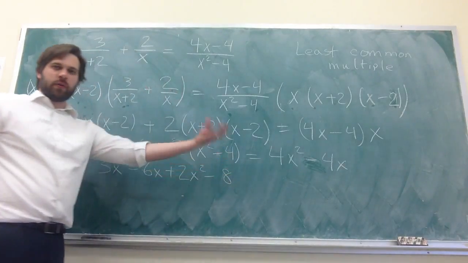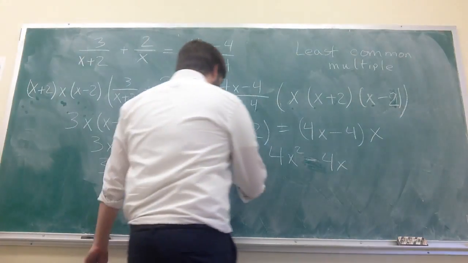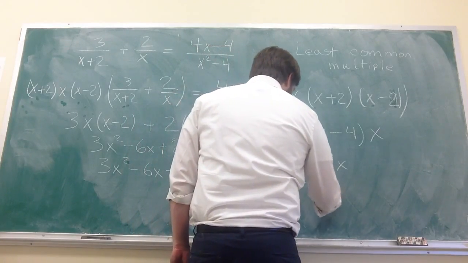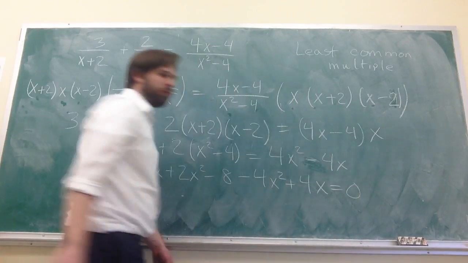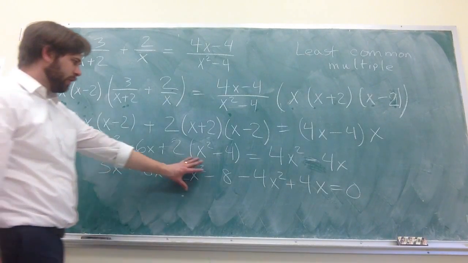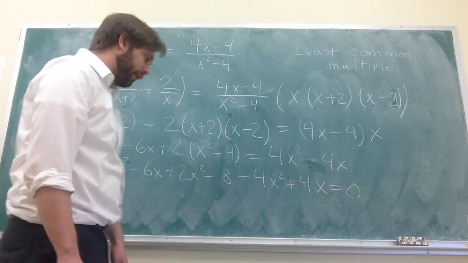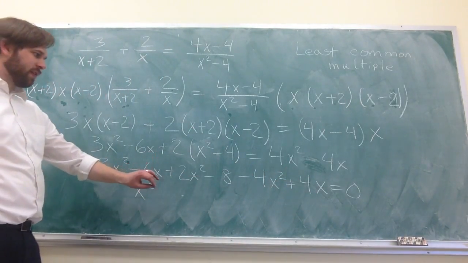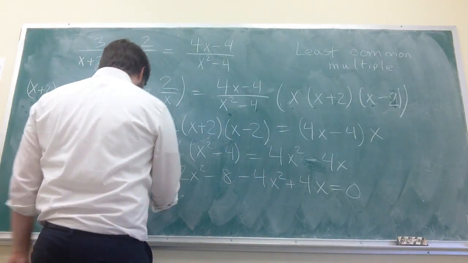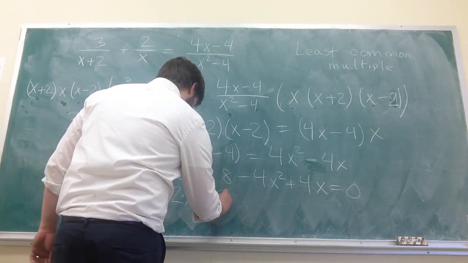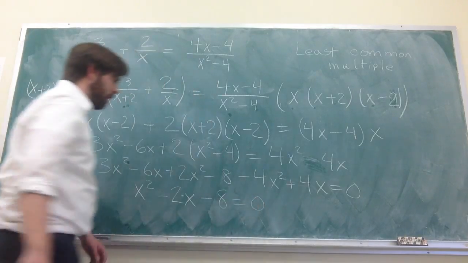And since it's quadratic, we want to get everything over to one side. So we'll subtract the 4x squared and add a 4x and set the equation equal to 0. So if we combine like terms here, 3x squared plus 2x squared minus 4x squared, we get x squared. Negative 6x plus 4x is a minus 2x. Minus 8, we get 0.